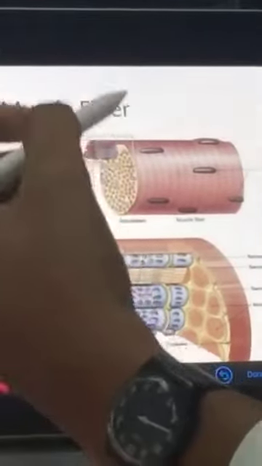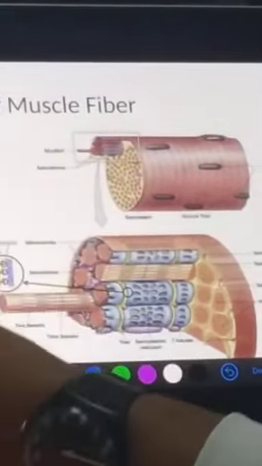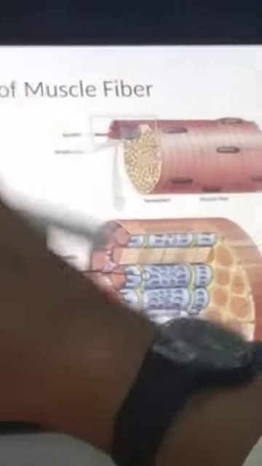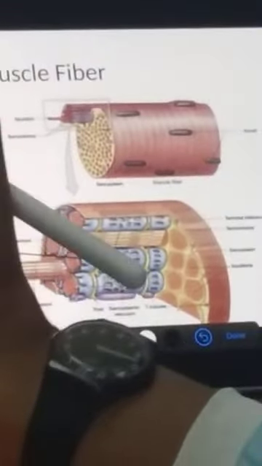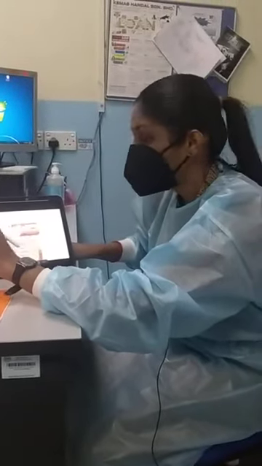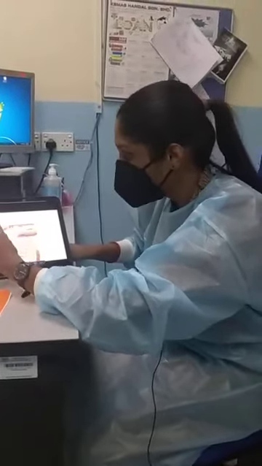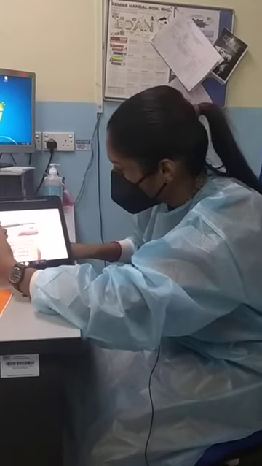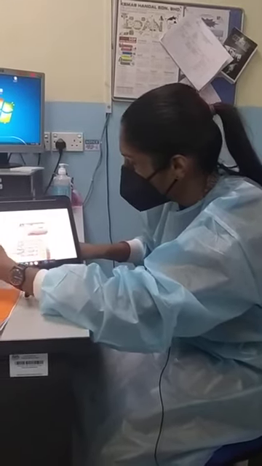We have the striated appearance because of the A and I bands. I will talk about that later in the contraction of skeletal muscle.